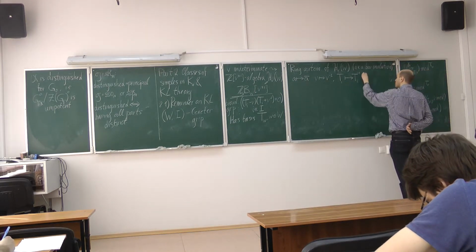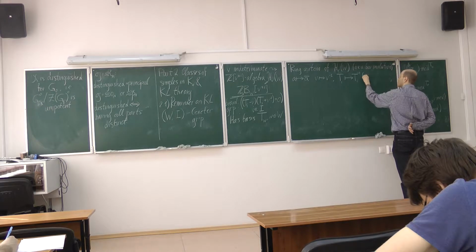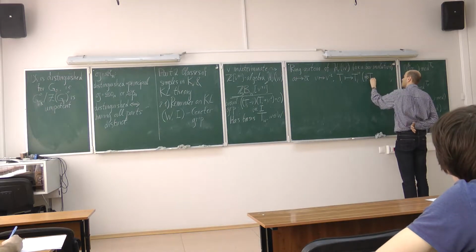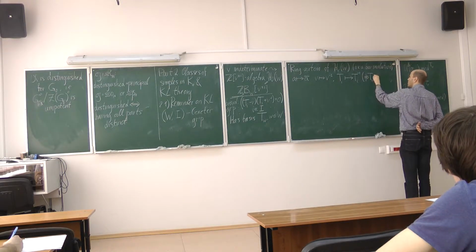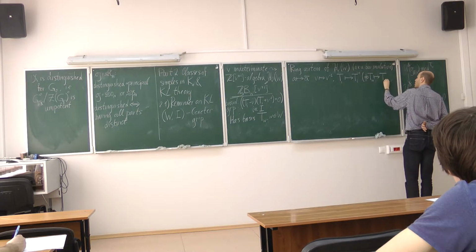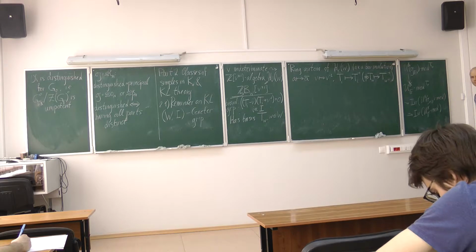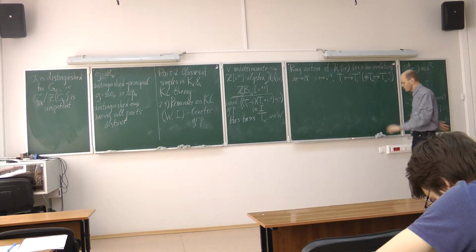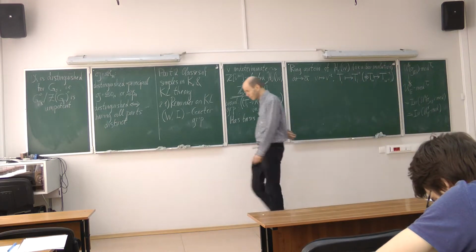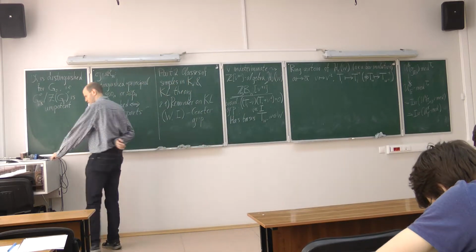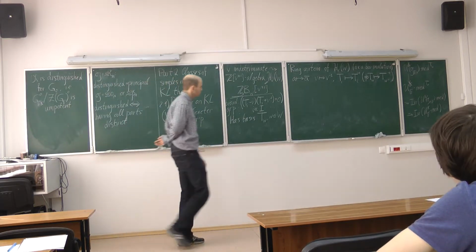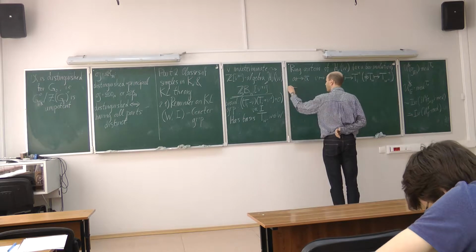And on the basis it sends TW to T of W minus 1 inverse. Okay? That's a ring automorphism.